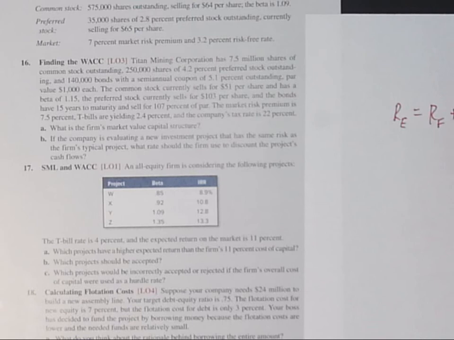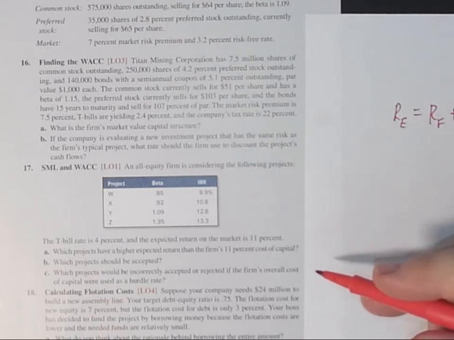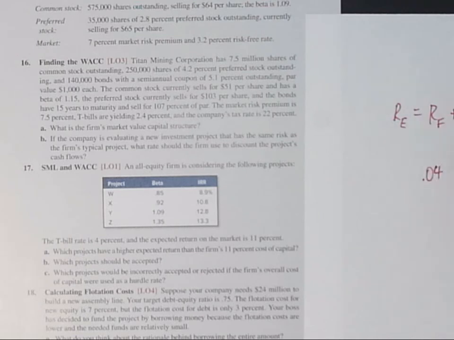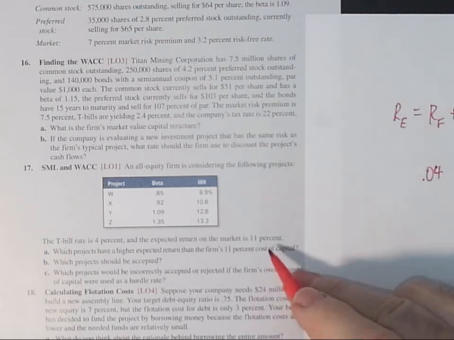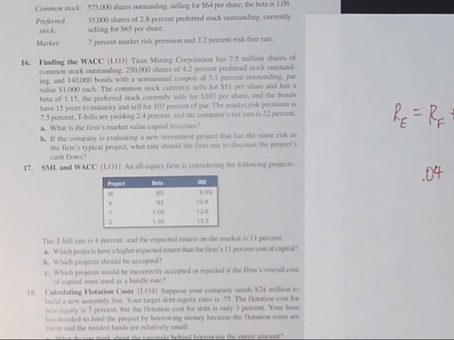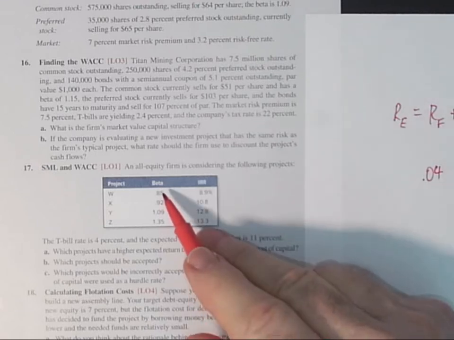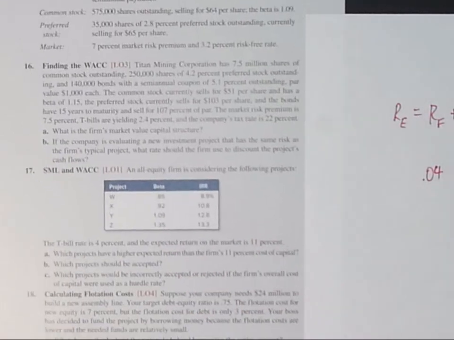They have been saying, okay, the market risk premium, and just giving you the number that's the difference between these two. That's not what they've done here. What they've done is say that this is 4%, and the expected return to the market is 11%, and the risk-free rate is 0.04 again. And the betas are different for each one of these.